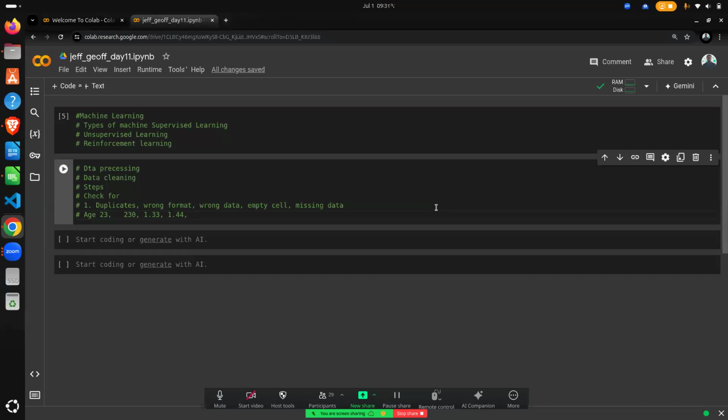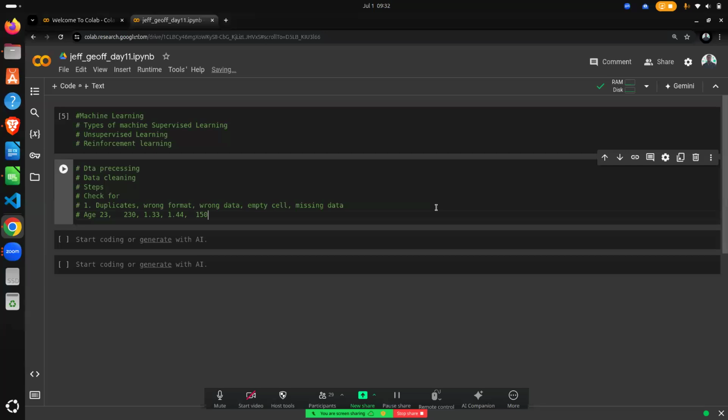Then I'm going to say 150. I can put 1, 2, 3, or 5. When you try to check is null, it's going to show you that there are no null values. So you need to inspect the data.